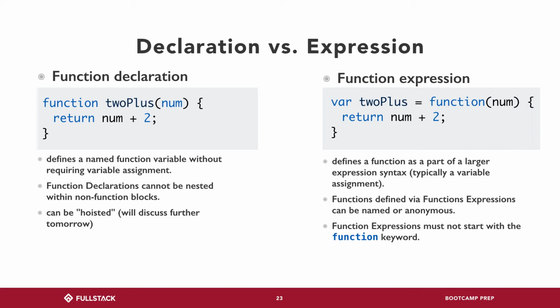When you're declaring it like this, people do this for the purpose of hoisting, which we'll talk more about when we talk about scope, because hoisting is a really big component of scope. But if this way is a little bit more transparent to you, this also works.